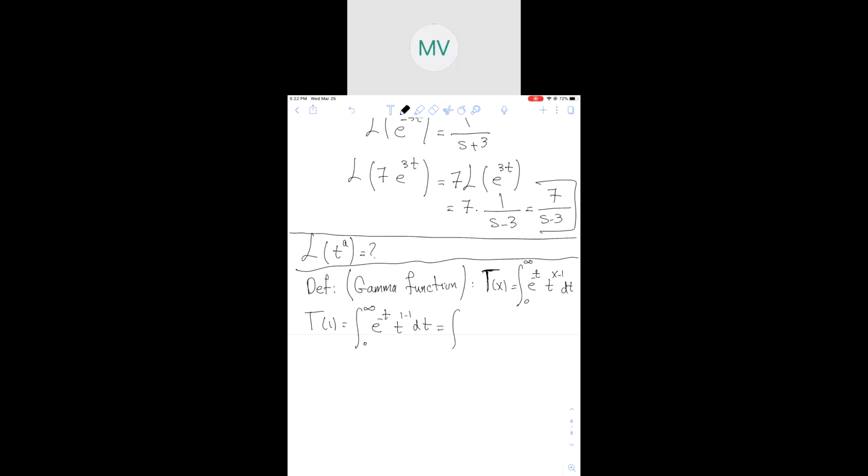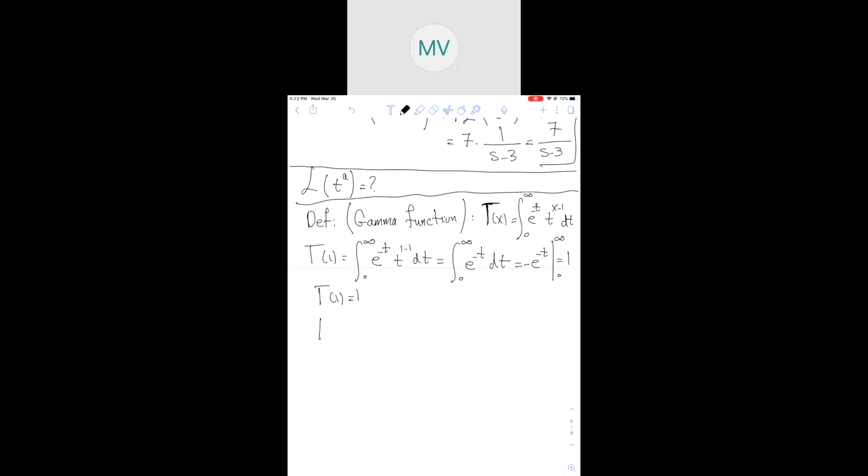Well, t to the 0 is 1, so we have 0 to infinity, e to the negative t dt. This is a simple integration, right? It's negative e to the negative t, 0 to infinity. So same argument: when you plug in infinity it's 0, and when you plug in 0 it becomes minus 1, which is 1. So gamma of 1 is 1.